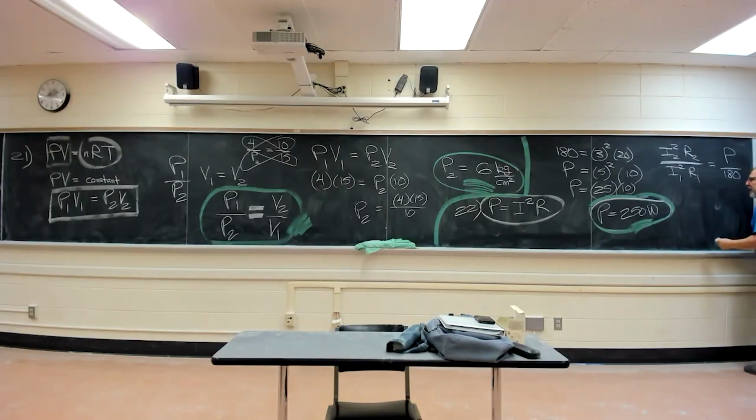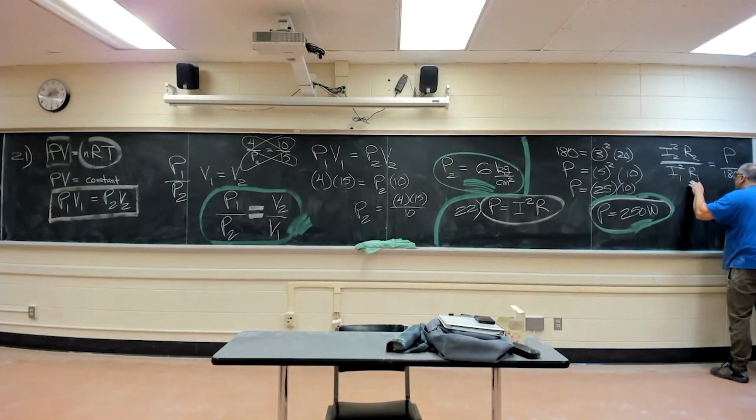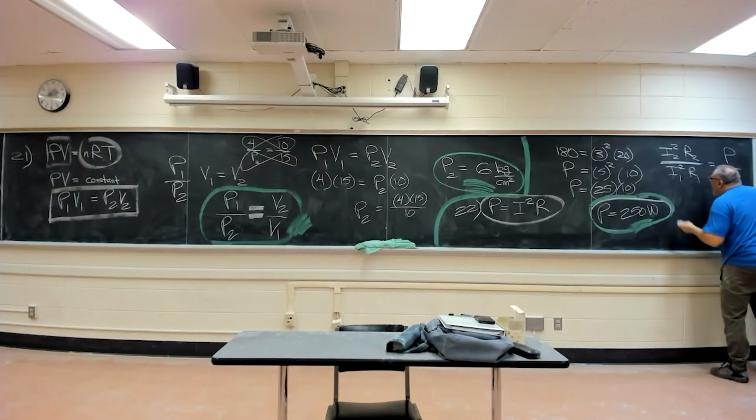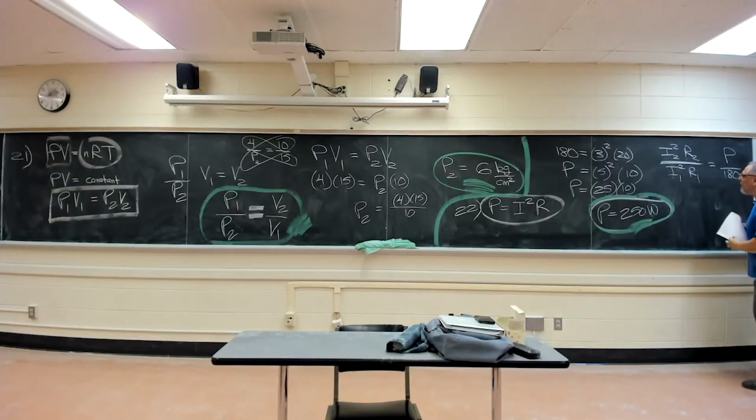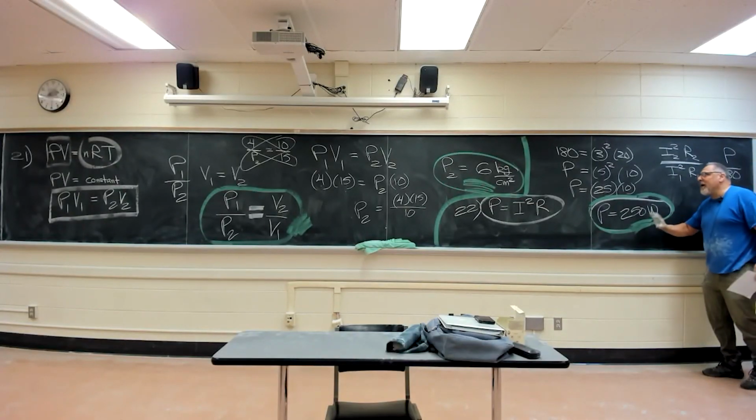At that point, you could plug in all that stuff and get 180 on the bottom, and then this thing on top, plug in, you get 250. This is kind of a way to go. I don't want to go down this path. I think this is a better way to go right now.